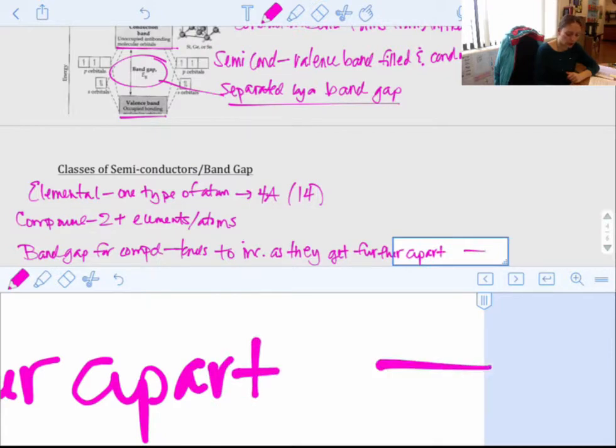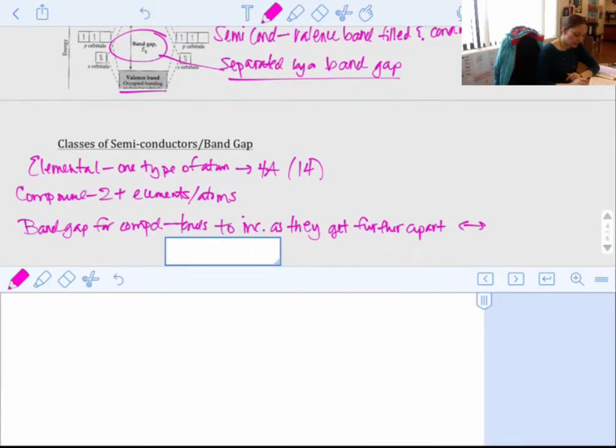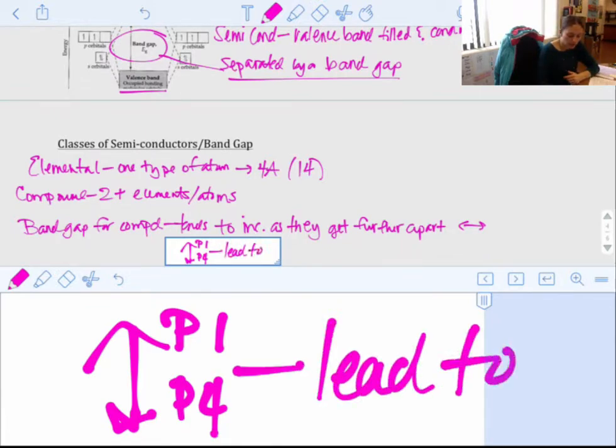And we're usually talking by groups. Increasing the horizontal separation of elements leads to an even bigger difference in gap. So if you go horizontally, from one period to another, like period 1 to period 4, that's a horizontal difference. That's also going to lead to a larger band gap.